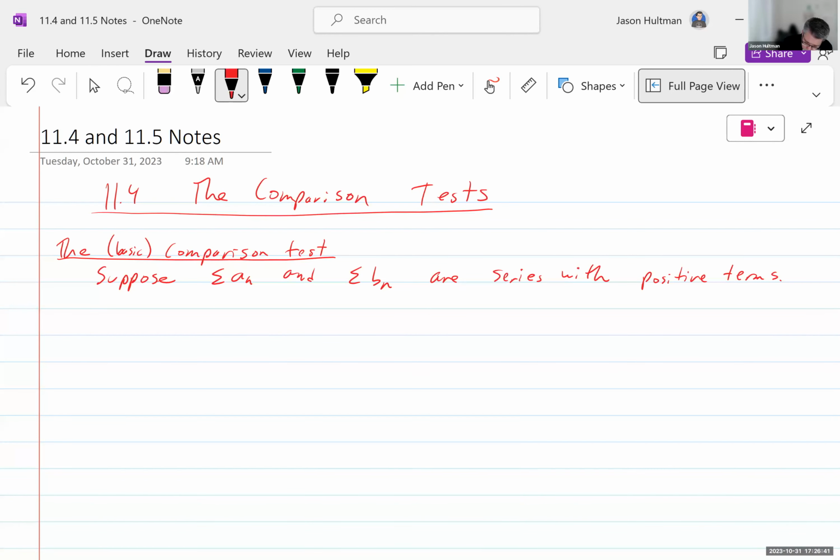Okay, one, if the series b sub n is convergent, and b sub n is greater than or equal to a sub n for all n. Okay, so the terms of b sub n are bigger than the terms of a sub n. Then a sub n is also convergent.